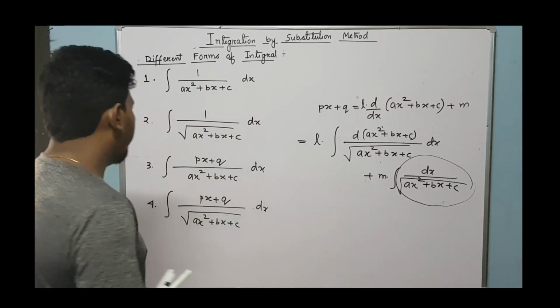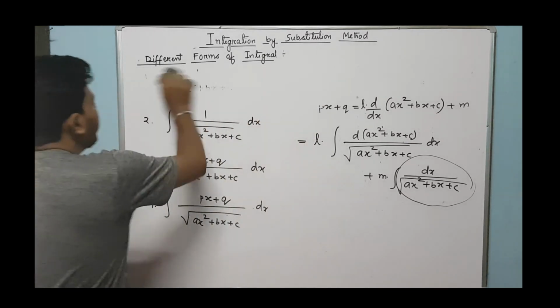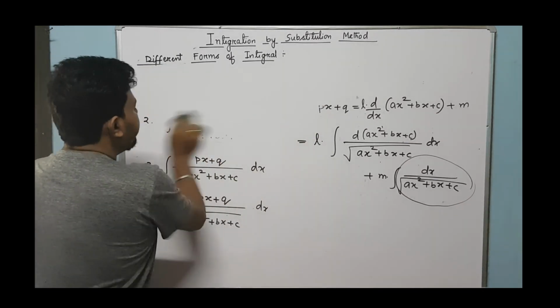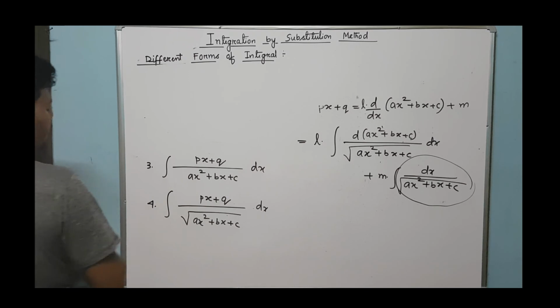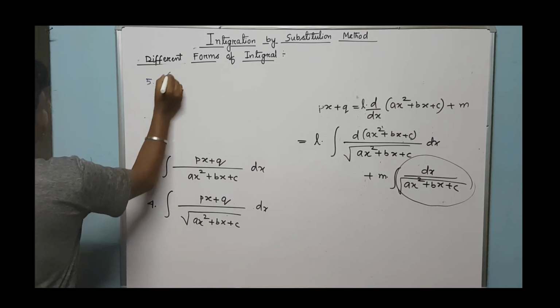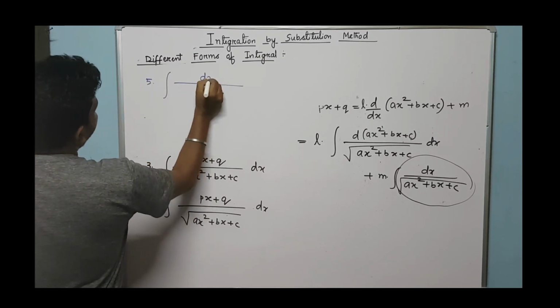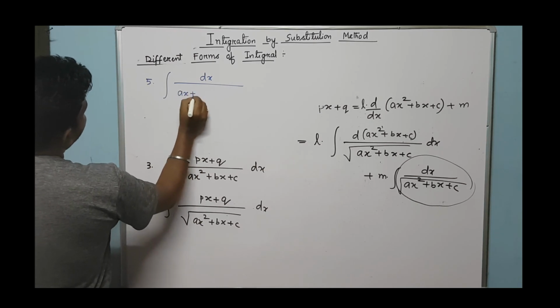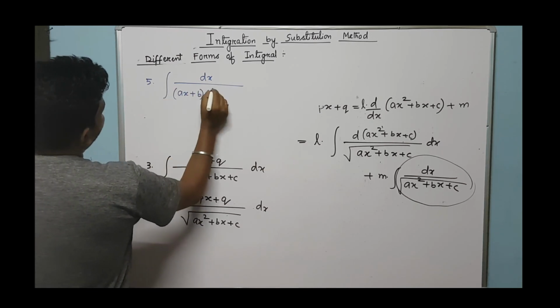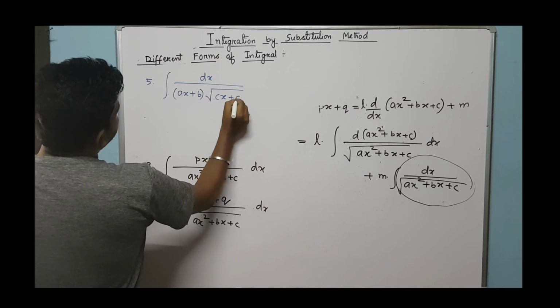Now number 5 form is dx by ax plus b into square root of cx plus d.